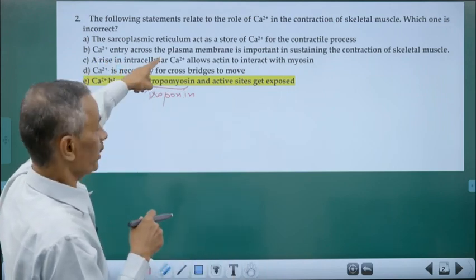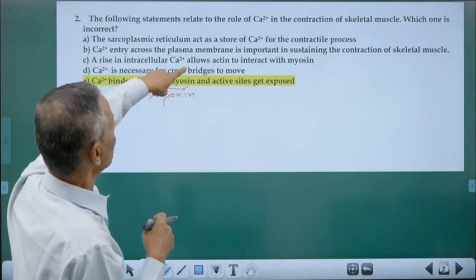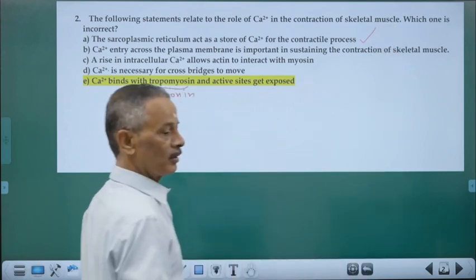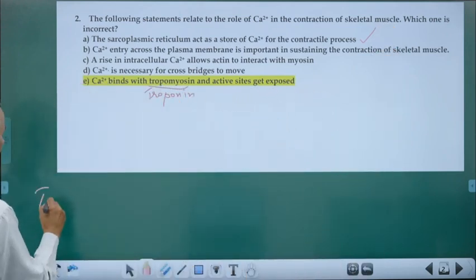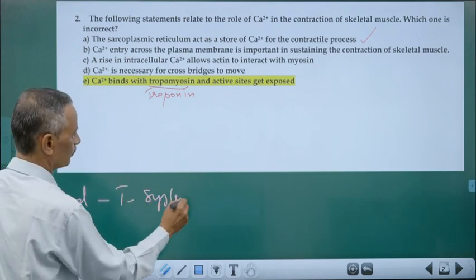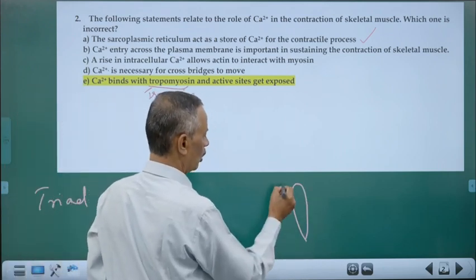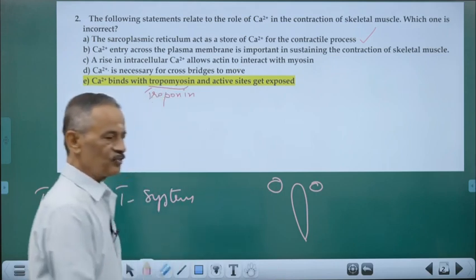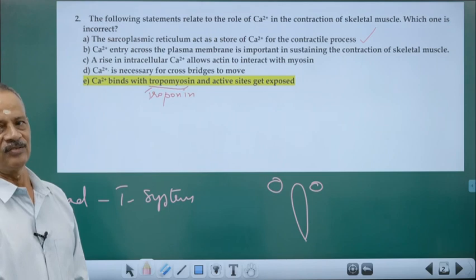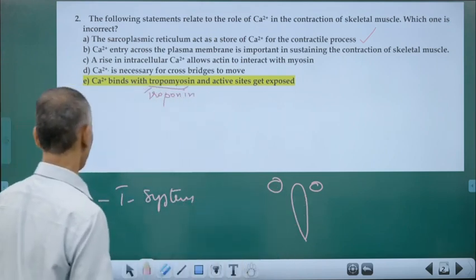The sarcoplasmic reticulum, that is the endoplasmic reticulum of the muscle, acts as the storehouse of calcium. It is forming what is called a triad system or T system. It is usually made up of two vesicles and one cisterna, and may be lying almost like a letter T. Since it is made up of three components, 1, 2 and 3, it is called triad system.